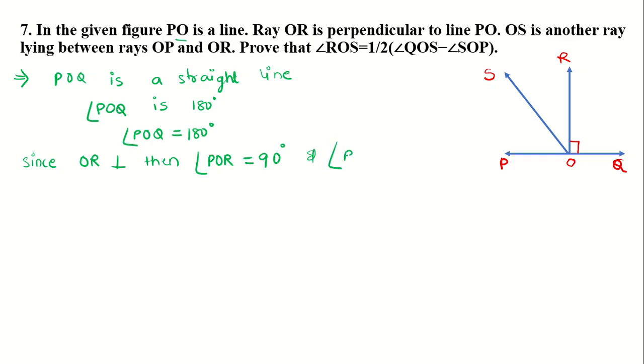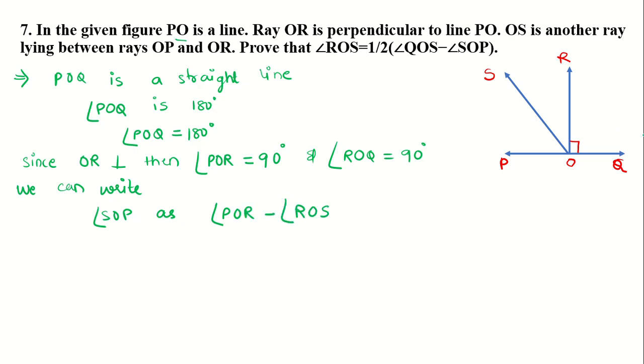And angle ROQ is given as 90 degrees. Already you can see in the figure that angle ROQ is given as 90 degrees, and as OR is perpendicular, angle POR will also be 90 degrees. Now we can write angle SOP as angle POR minus angle ROS.